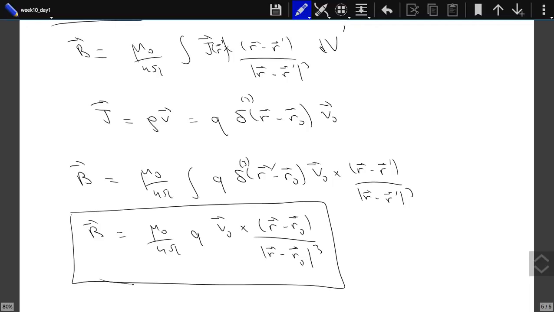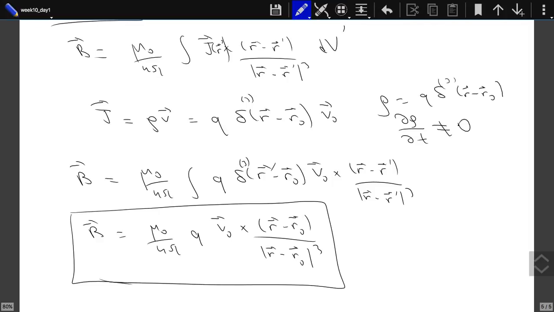In some books on magnetism, you can see that this is the expression for the magnetic field of a point charge, which is not true. This is not the correct expression. The problem is that the Biot-Savart law is valid in magnetostatics, which means the charge density should be independent of time. But in this problem, since rho is equal to Q times Dirac delta (R minus R0), d rho by dt is non-zero.